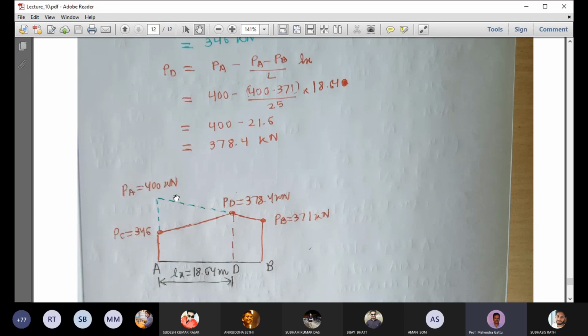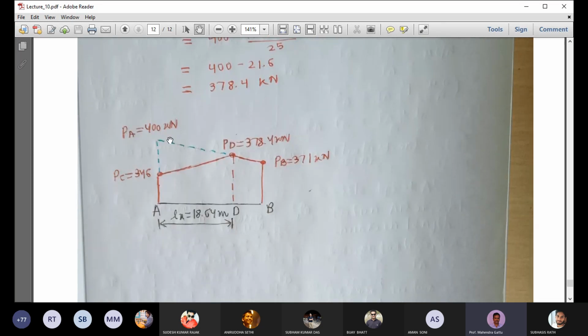Okay, so we can draw the new force flow diagram after anchor slip has occurred. Initially we have PA, PD, and PB, 400 and 371. Because of this anchor slip, there is a loss of pre-stress at A, reduced by some 54 kilonewton, and it has become PC.